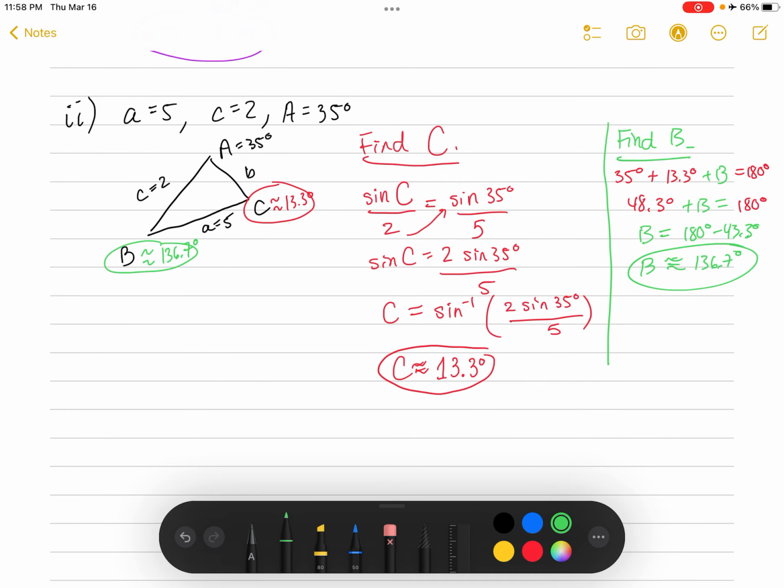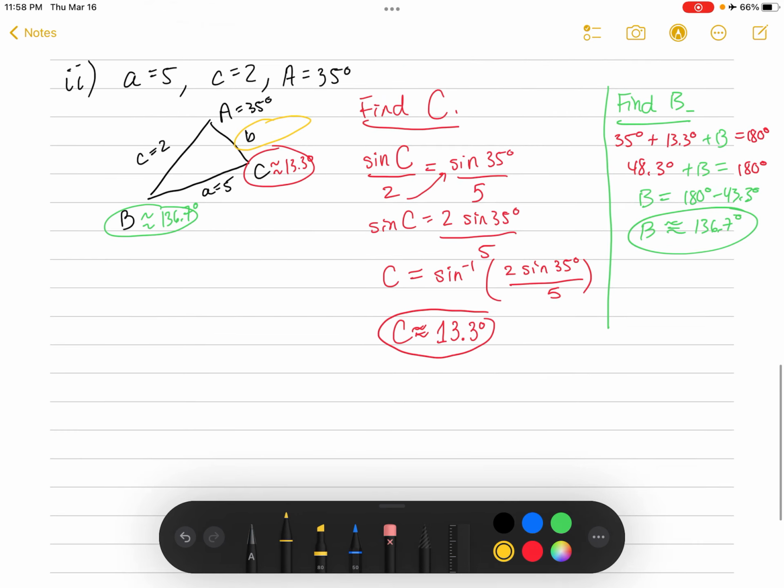The only thing we have left is little b, this guy right here.